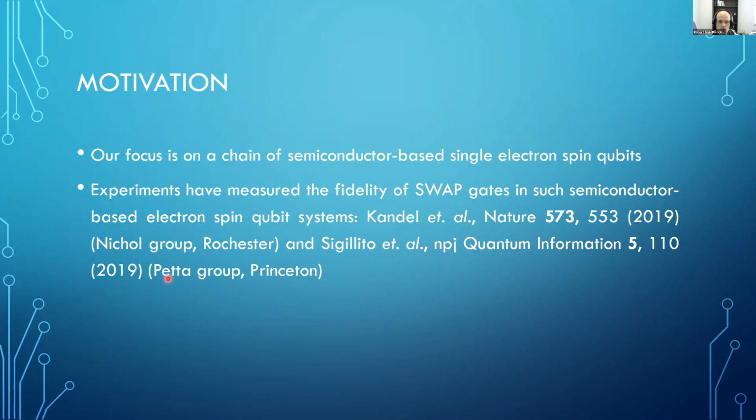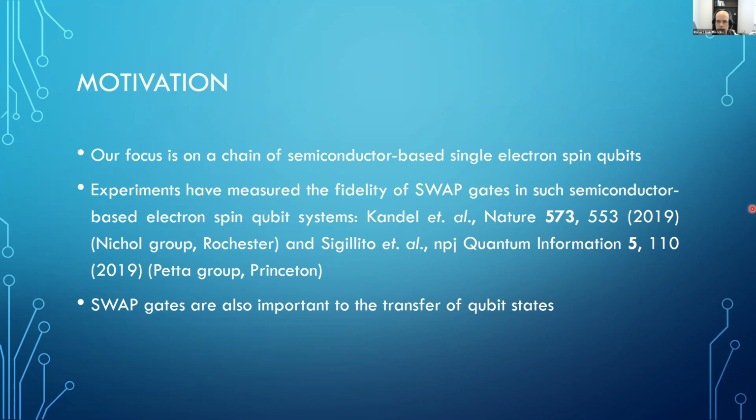Now, swap gates are very important to the transfer of qubit states, so that's why we're interested in determining their fidelity and figuring out how to eventually get it up to the 99.9% threshold that you may have heard about for quantum error correction techniques to work.